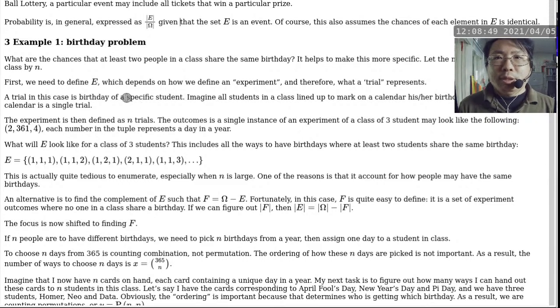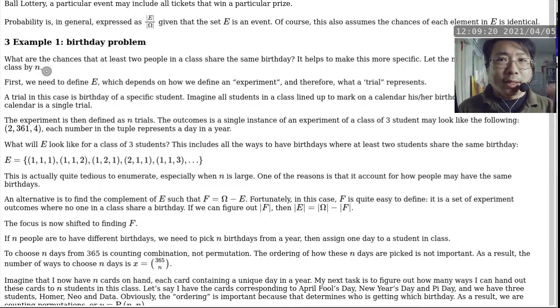Let me describe the problem first. The problem is to ask what are the chances that at least two people in a particular class share the same birthday. It helps to make this more specific. Let the number of students in the class be n. This is not supposed to be a b, I mistyped. Okay, so we're using lowercase n as a symbol to represent the number of people in class.